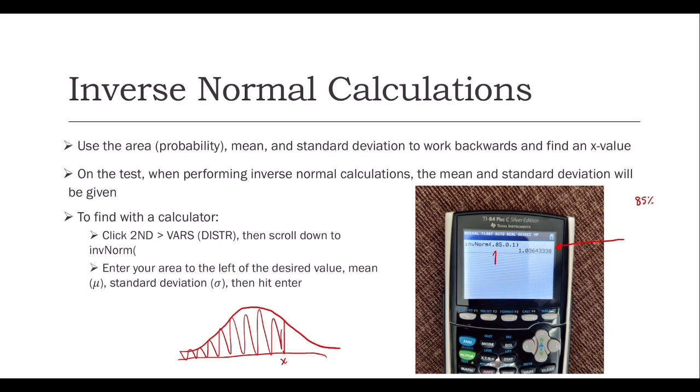If you wanted to know the x value when the area to the left is 85%, the mean is 0, and the standard deviation is 1, then our 85th percentile, or number with 85% to the left, would be 1.036. So that's what you do for that.